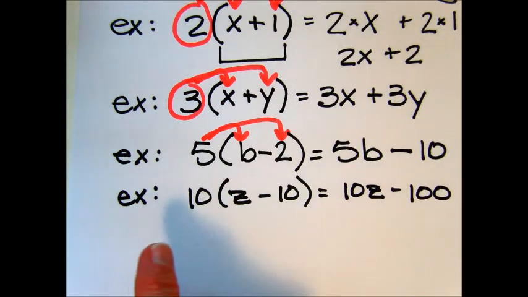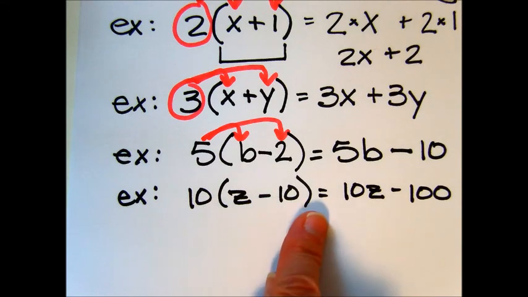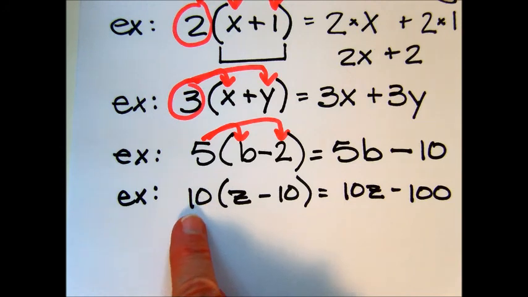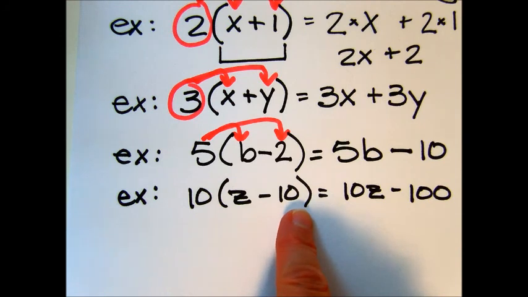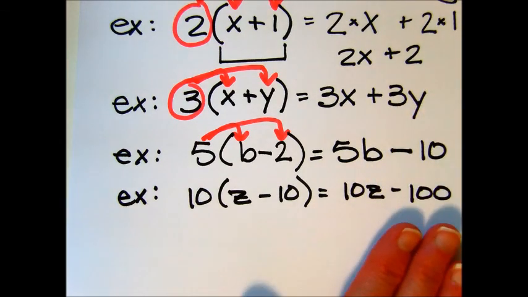And this property is really going to be helpful for us to get rid of these parentheses. Because you can see in all of these situations, we went from a factor distributing to both terms within the quantity to an equivalent way to write it without the use of parentheses. So more on that topic later.